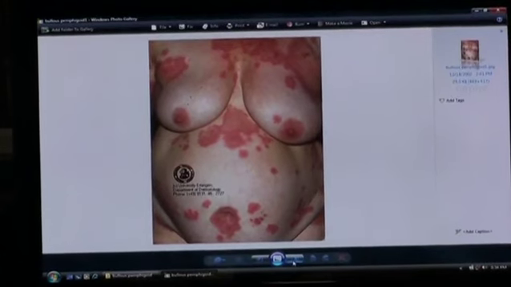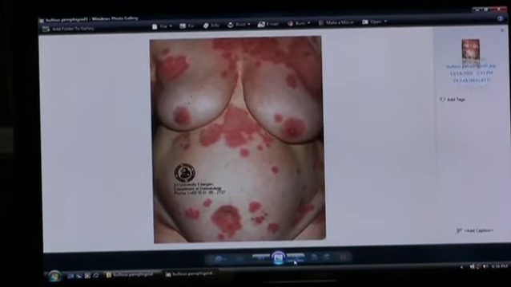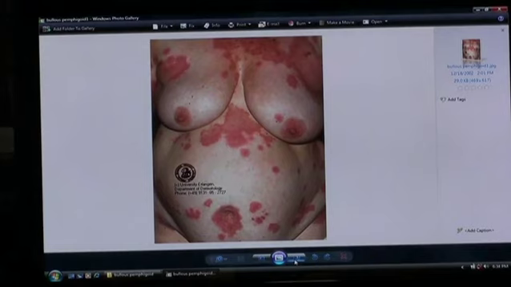Okay? So, let me talk about it again, just to give you the main points. Number one, the difference between pemphigus and bullous pemphigoid is that in bullous pemphigoid, there's usually only about 20% involvement of the oral mucosa. In pemphigus, there's usually about 50% involvement of the oral mucosa.